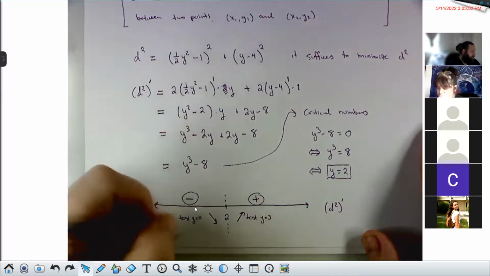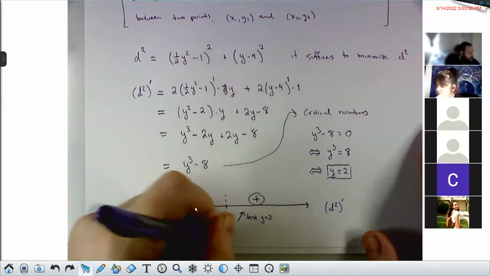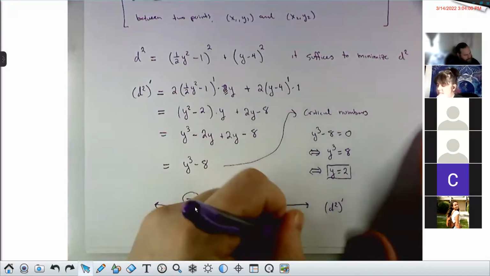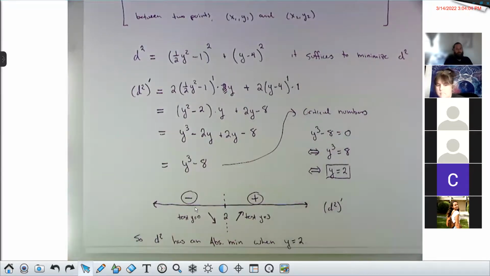So the function d squared has an absolute min when y is equal to 2. And if the square of your distance is minimized, then the distance itself is minimized.